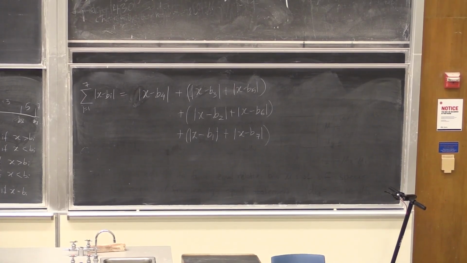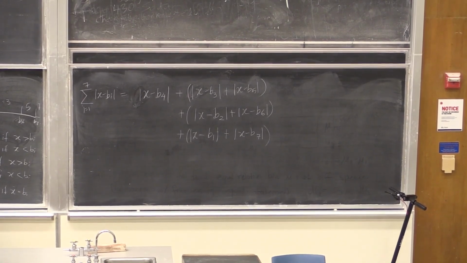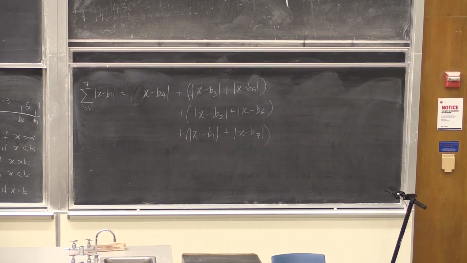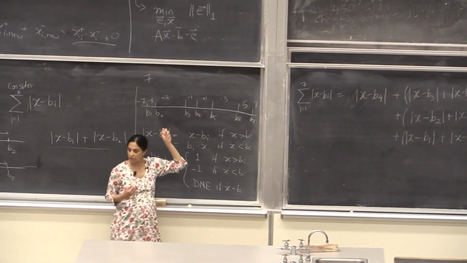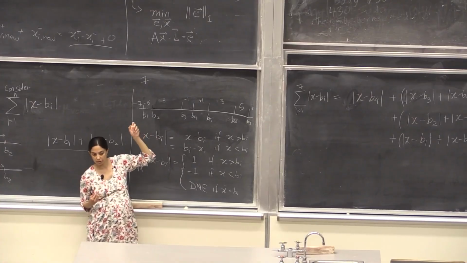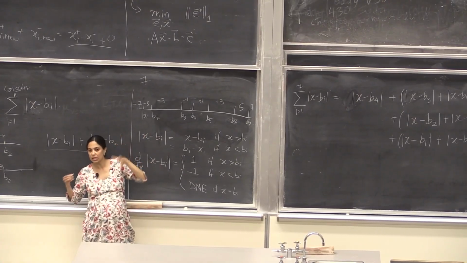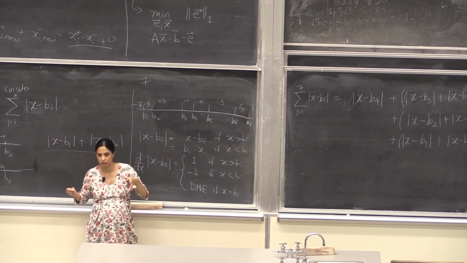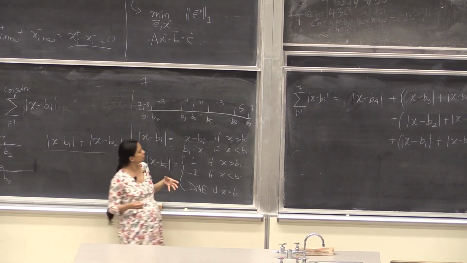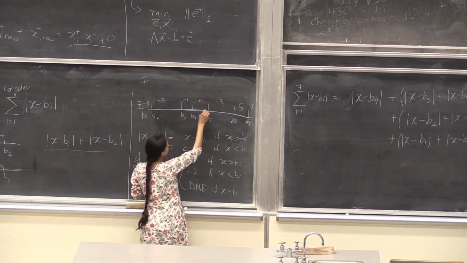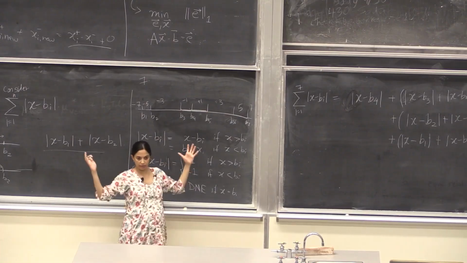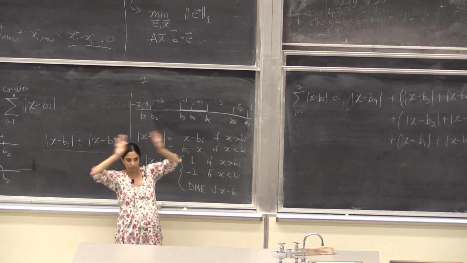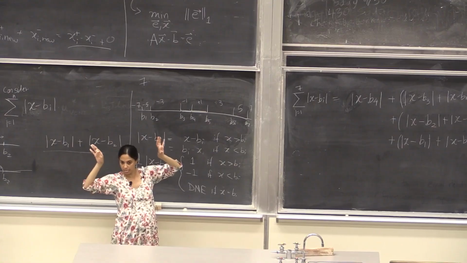Is it in my interest to choose an x that's smaller than b3? I'm still going to be doing the same kind of double counting. So what are the x's of most interest to me? This particular interval, right? Basically I'm removing all of the extremes.